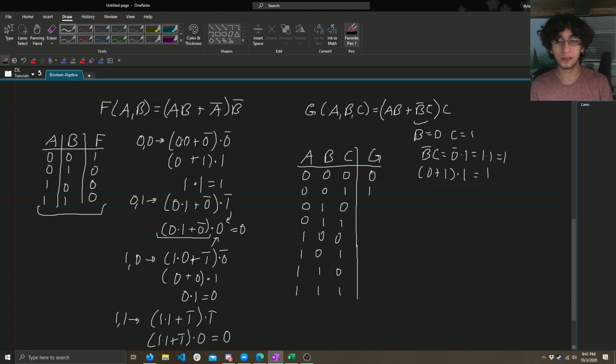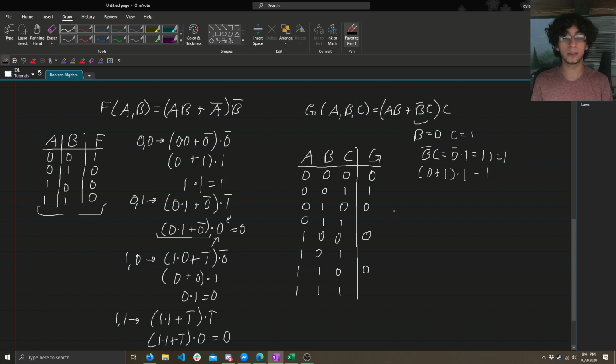Now, 0, 1, 0. Well, we know that this C here, because C is on the outside, right there, is a 0, and that's going to make the whole thing false. That's a 0. And I'm actually going to fill out a 0 everywhere else where C is false. Now, we've got 0, 1, 1. Well, we have A here and a B here. A is still false, so that term's not going to be true, because if you're adding them together, if there's a false, it's going to be a false.